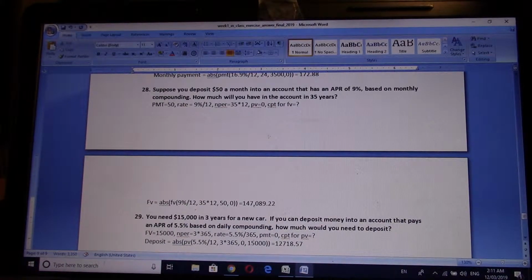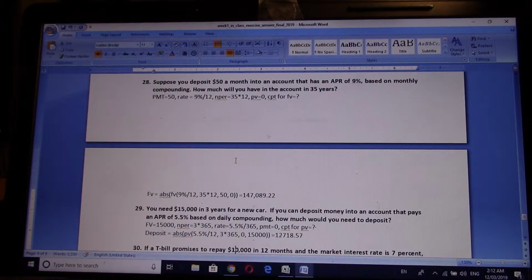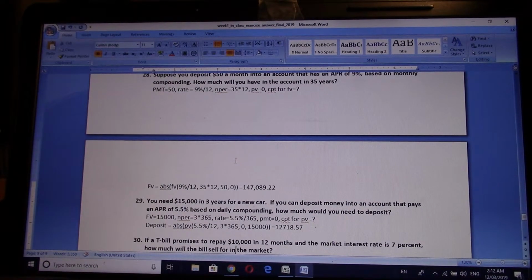So $50 should be your PMT. APR is 9%, but you're making monthly payments, so your interest rate should be 9% over 12. 35 years multiplied by 12, that's the NPER. It's computing for FV here. This is just the same as we've done before using the future value function.